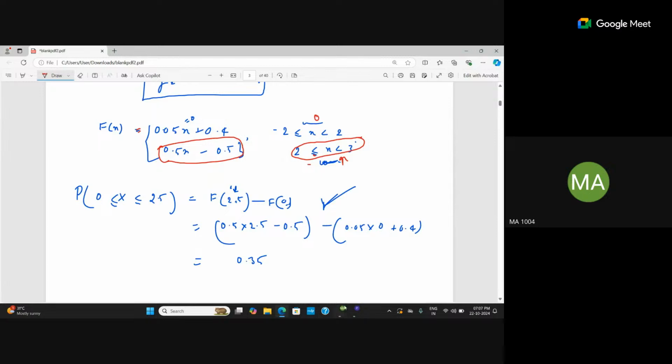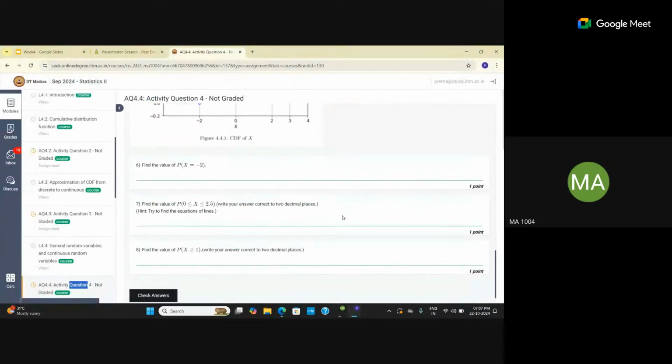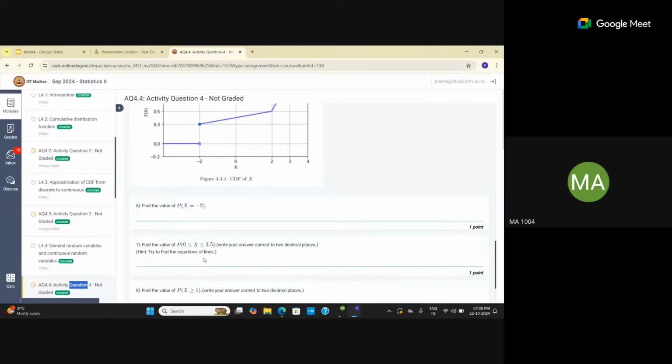Okay. And similarly, you can solve question number 8 also, right? So probability x is greater than or equal to 1, you can write it like 1 minus probability x is less than or equal to 1, which will be the CDF at point 1. Now is it clear?